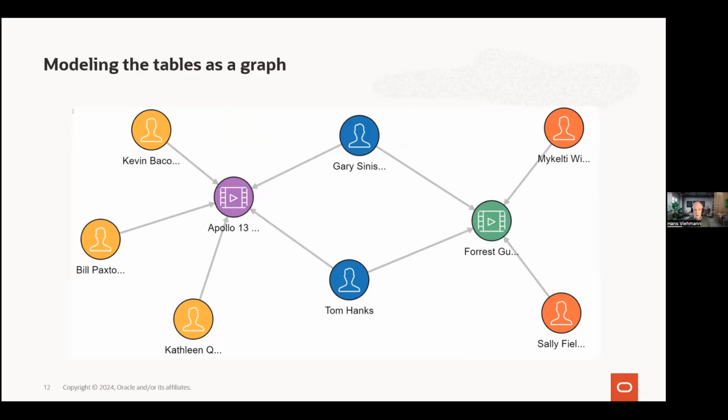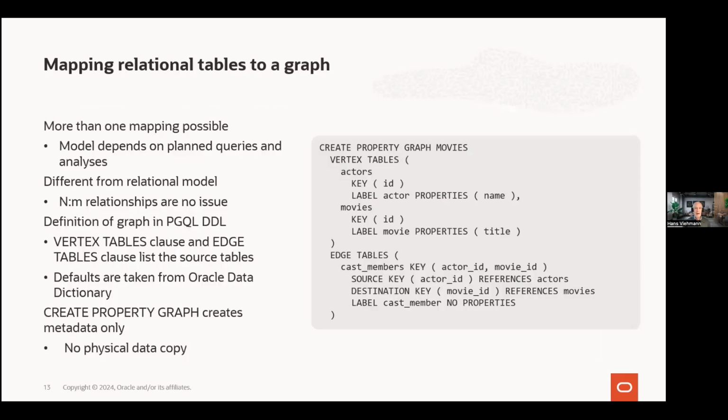Good. Any other questions, anybody? If that's not the case, let me move on to how we would go from the relational model, the tabular model, to the graph. Technically, the way you express that mapping is in a create property graph statement. In that DDL statement, we are creating a graph called movies, which is based on two tables for vertices.